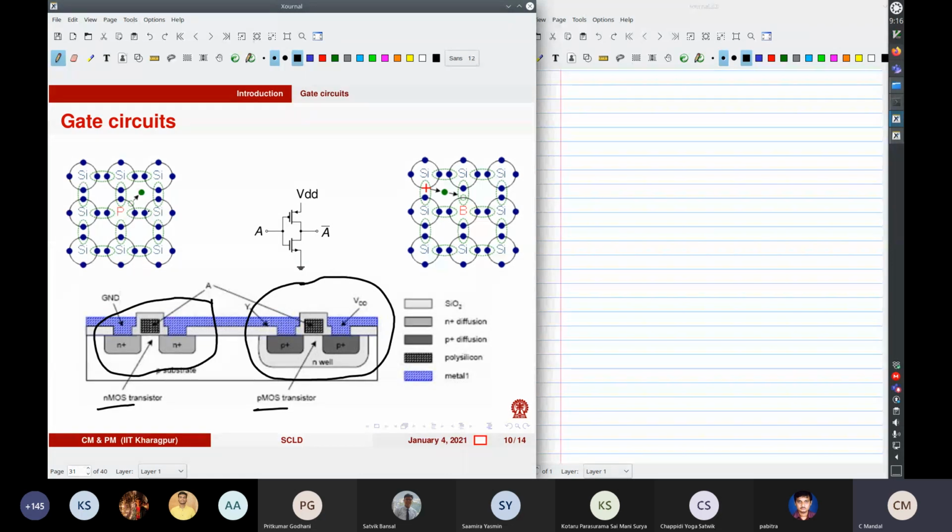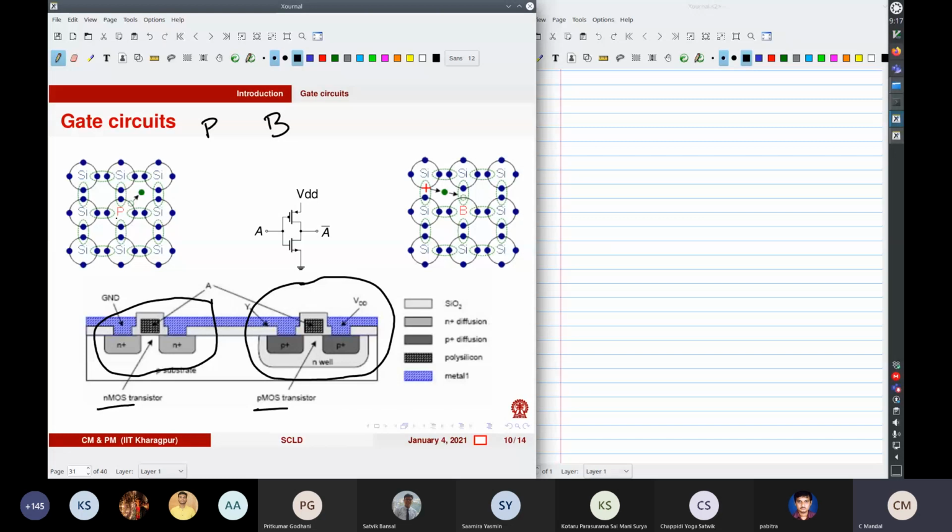However, you can put some impurities. You usually have two different substances. One can be phosphorus, the other can be boron.